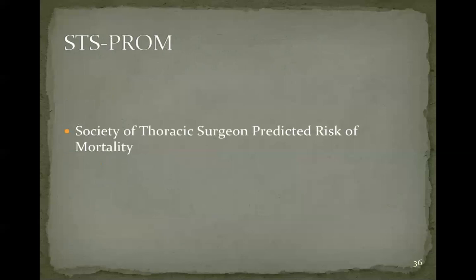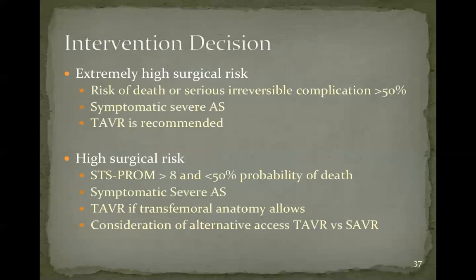The Society of Thoracic Surgeons has a predicted risk of mortality, which is abbreviated the STS-PROM. And when you're having that multidisciplinary team discussion, you need to realize which category these patients' surgical risk is in. If they're in the highest surgical risk, their risk of death or serious irreversible complication is greater than 50%.